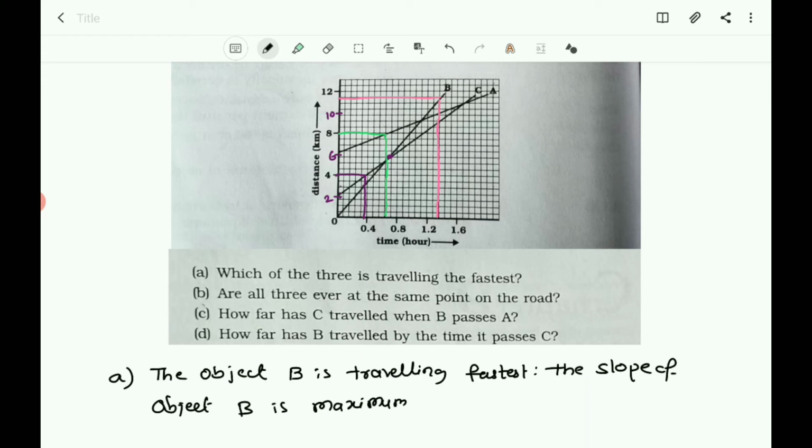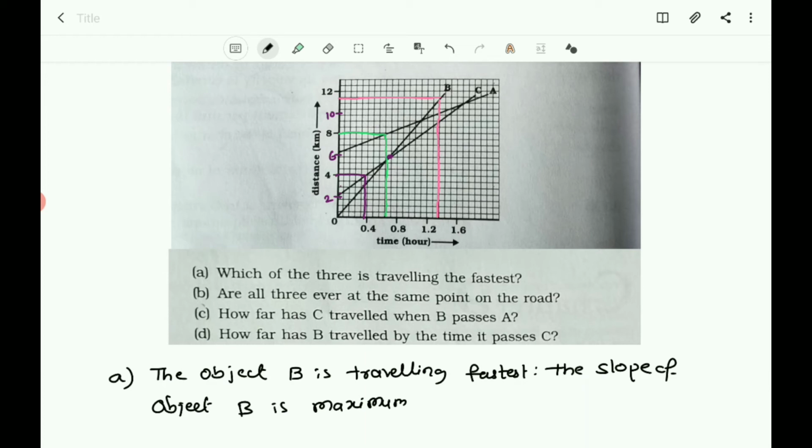Second question, are all three ever at the same point on the road? Here all three graphs do not meet at a point. All three objects will be at the same point on the road only if the graphs intersect each other at a common point.